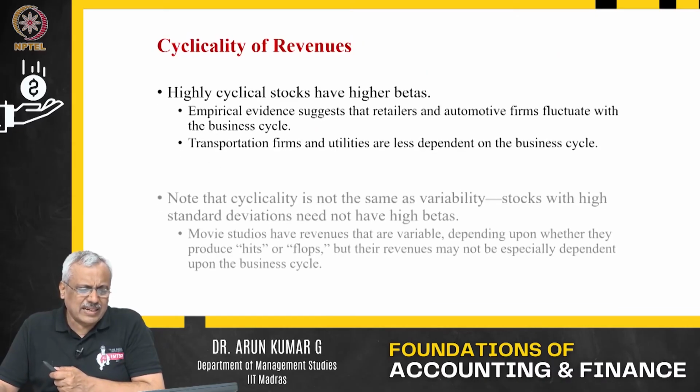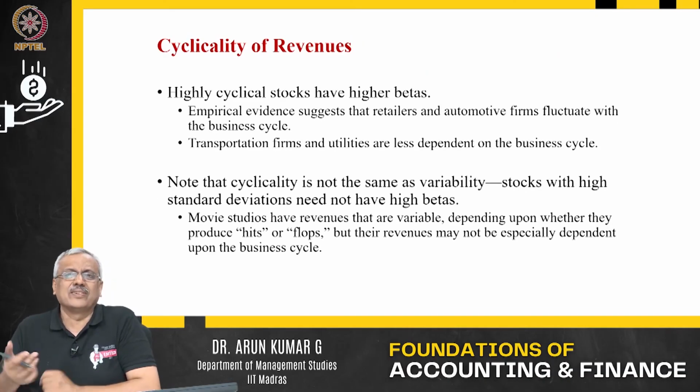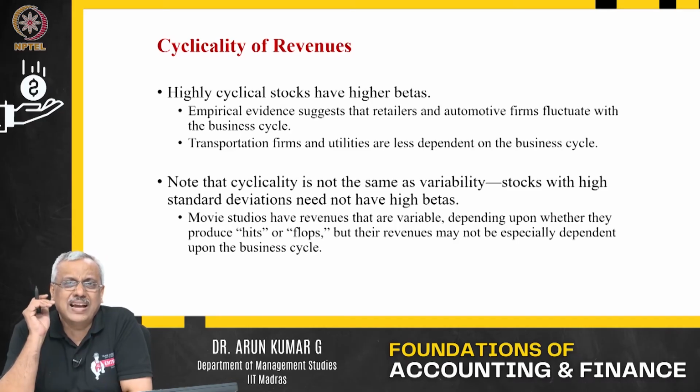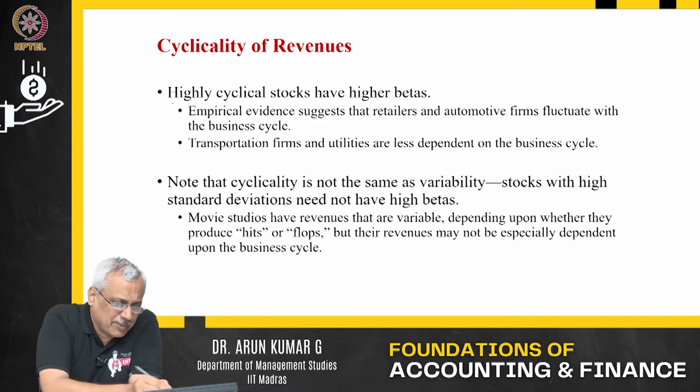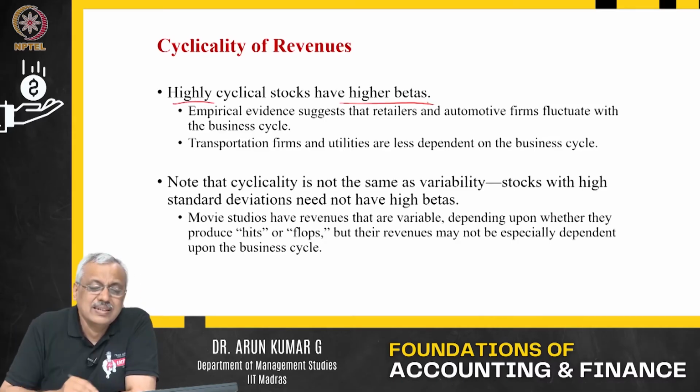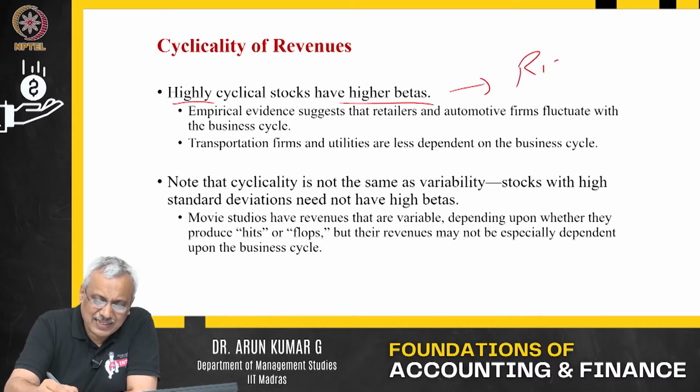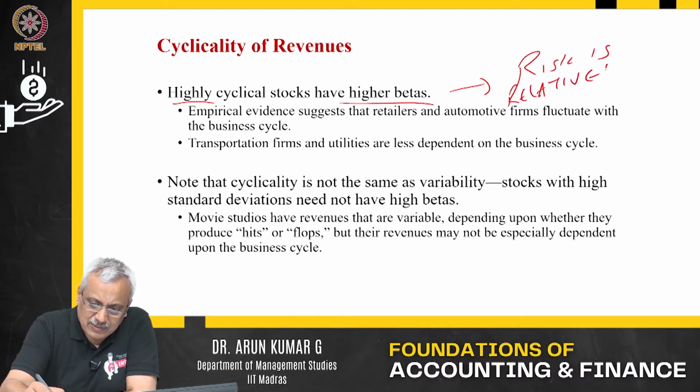I have got some details about the cyclicity of revenues here. I am not going to read out this slide. You can spend some time looking at this slide, not an issue. Highly cyclical firms will have higher betas, please note, because risk is relatively higher.